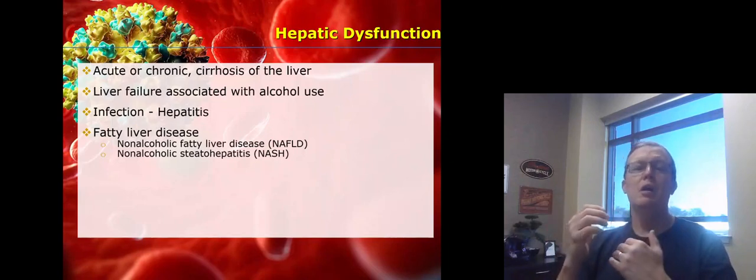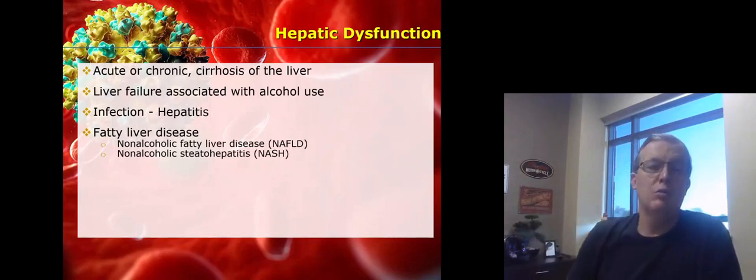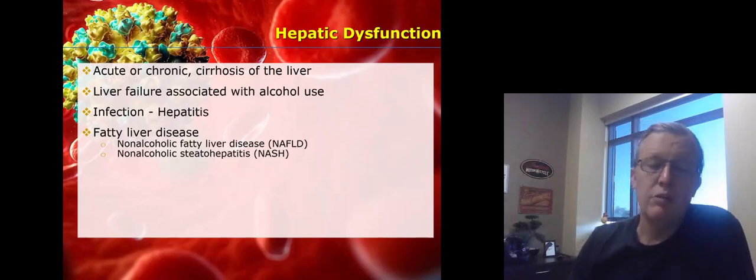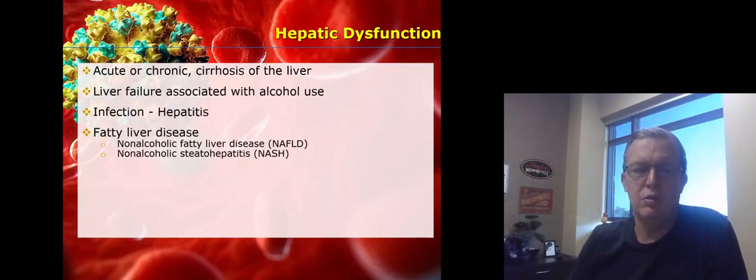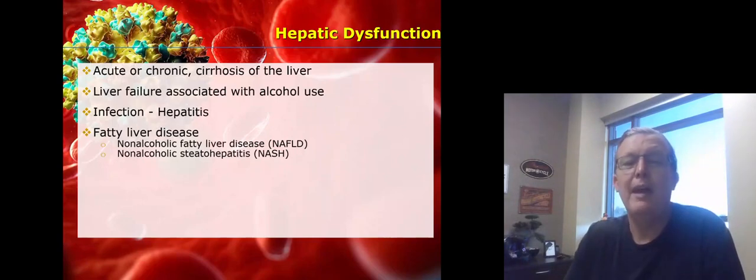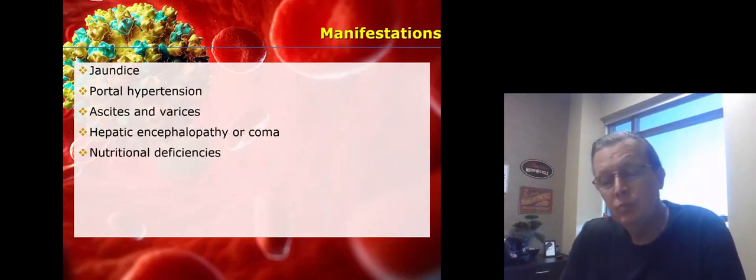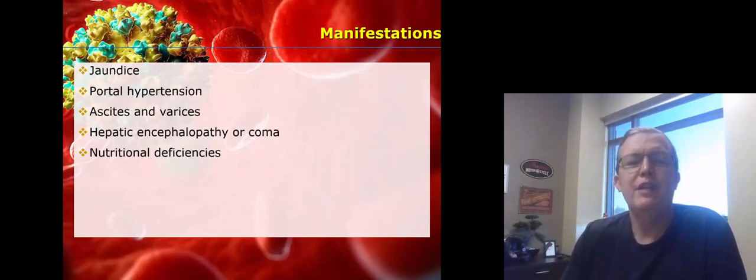And of course, chemicals can do this too. So there are drugs, we've introduced some drugs and talked about some drugs through the semester that can contribute to hepatic dysfunction and cause liver failure. So it's good to remember that when we start talking about hepatic dysfunction. Now, across the board, when you have hepatic dysfunction, the manifestation is going to look fairly similar.